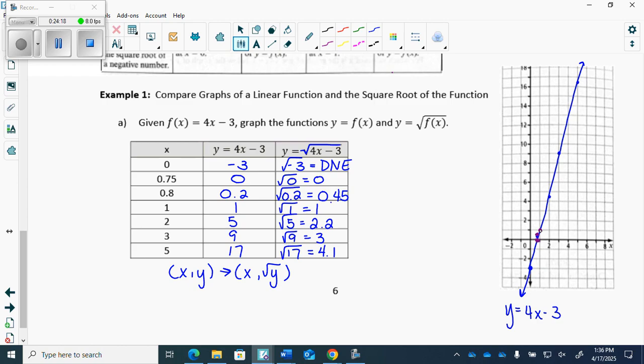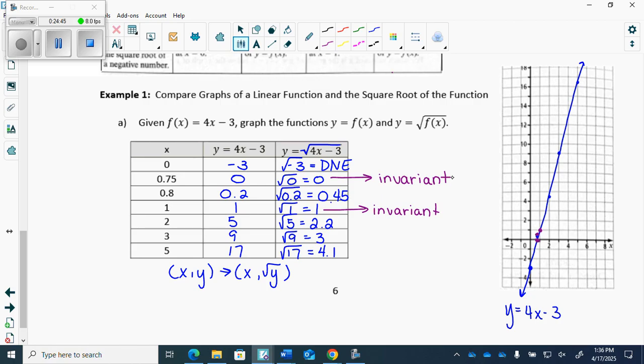So this is invariant, and this was invariant. Why, when y is 0 and y is 1, did they stay the same? Square root of 0 is what? 0. Square root of 1 is what? 1.